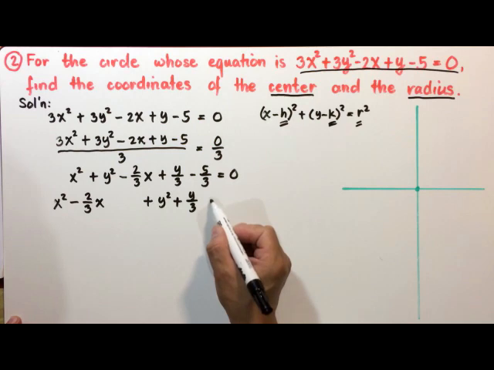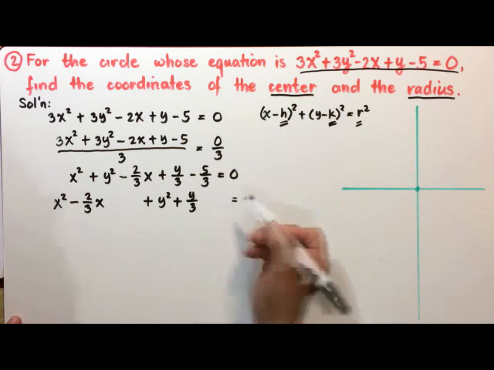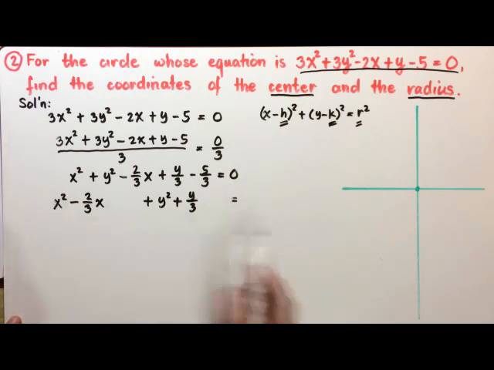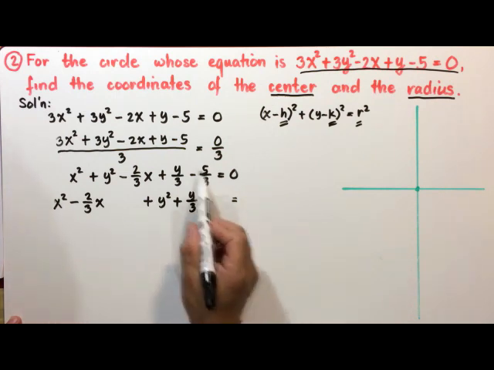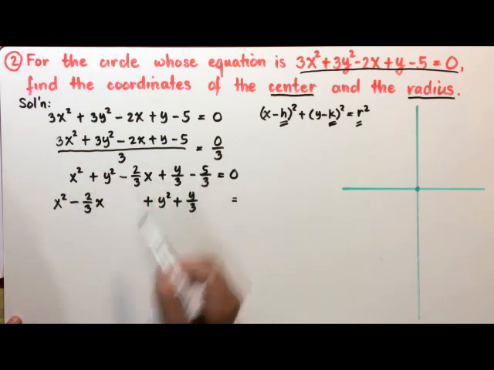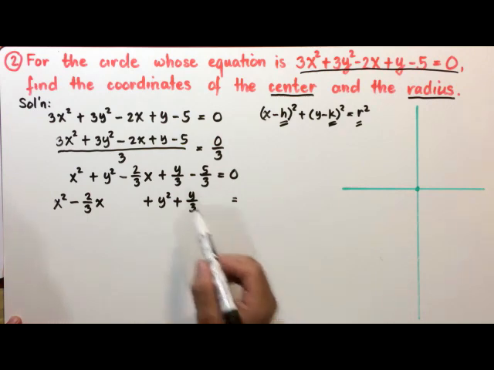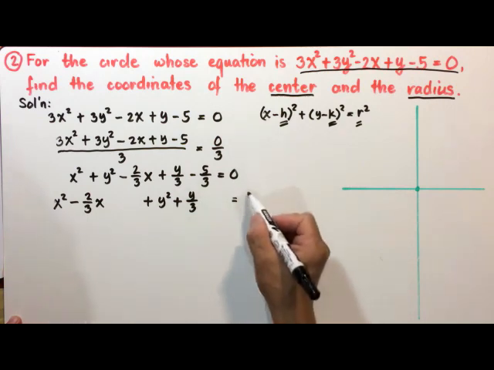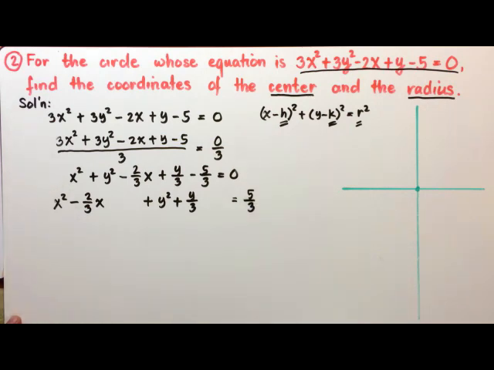Then I add 5/3 to both sides of the equation. At the left, the negative 5/3 and 5/3 cancel each other, and I have 5/3 at the right.